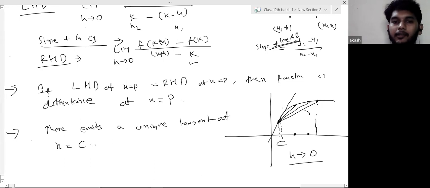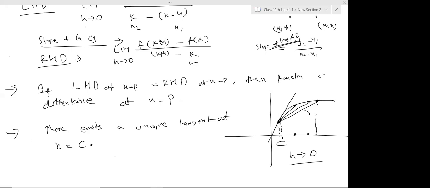So a unique tangent at x equals to c. Note it down. Done?